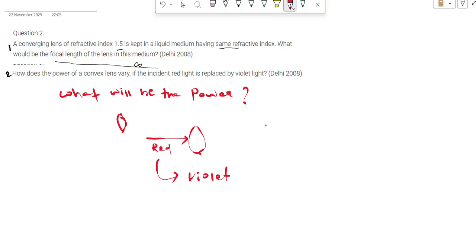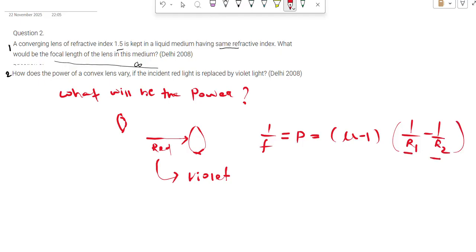Let's remember the lens maker formula: 1 by f, which is the power, is (mu minus 1) into (1 by R1 minus 1 by R2). You don't need information about R1 and R2. You need information about the focal length, which is inversely proportional to power.